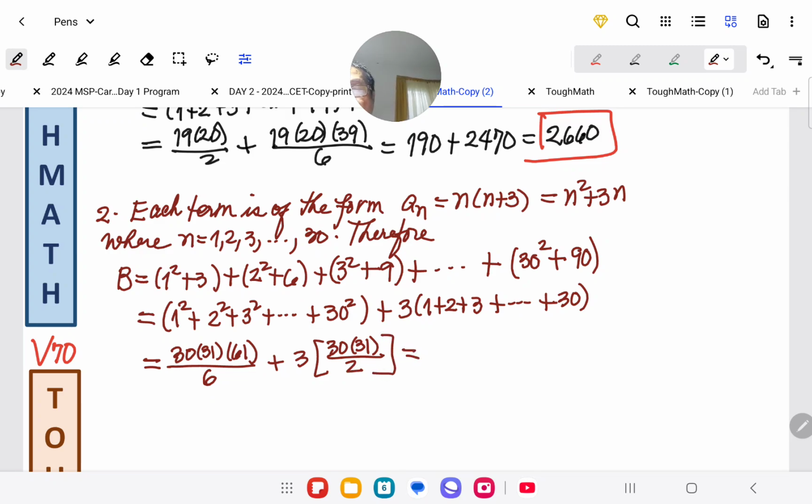So this is 5 times 31 times 61 plus 30 times 3 divided by 2 is 45, so 45 times 31.